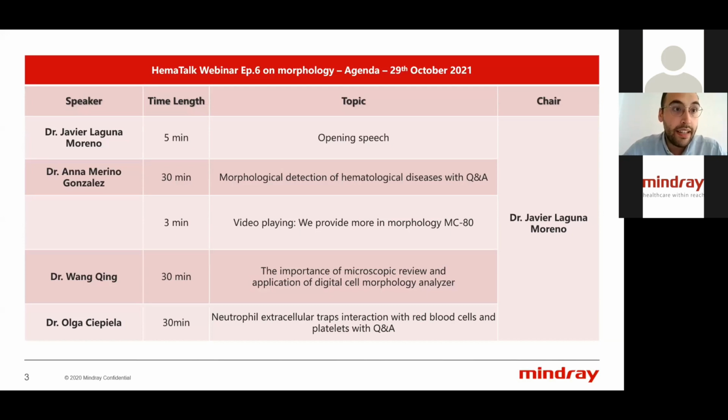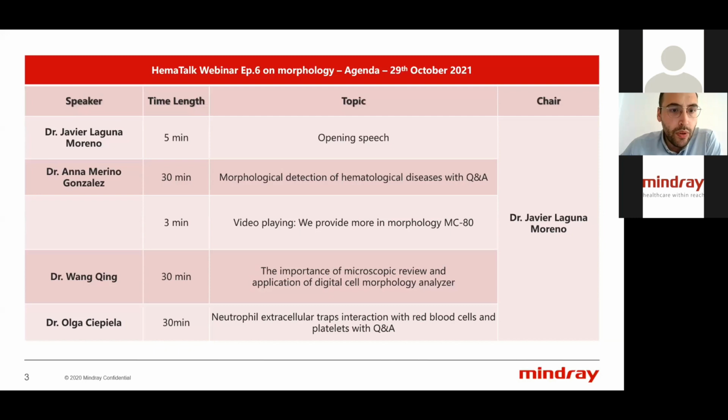This slide appears in the agenda. In first place, Dr. Ana Marino will talk about the morphological detection of hematological diseases, and then we will see a video of the MC80, from which we can obtain more information about this new analyzer.